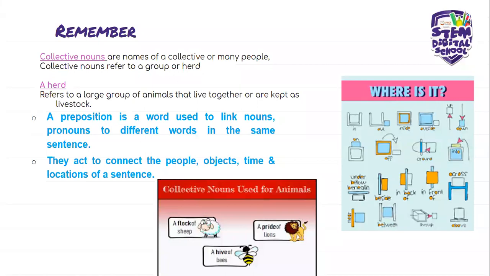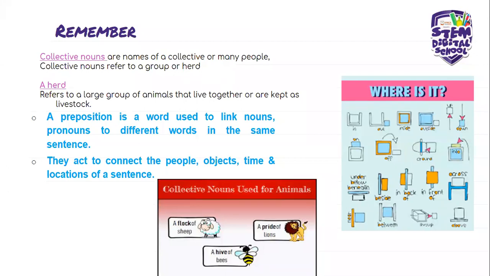Now, a preposition is a word used to link nouns, pronouns to different words in the same sentence. Okay, they act to connect the people, objects, time, and locations of a sentence. We've got a picture there of collective nouns.